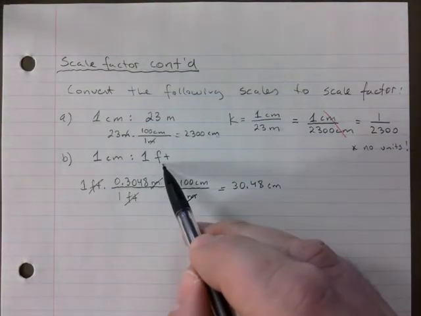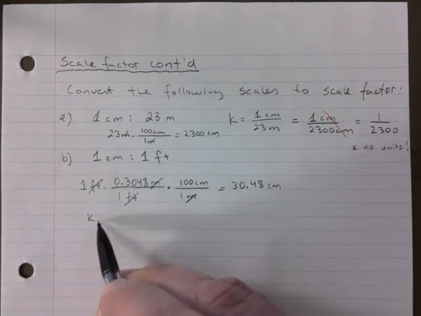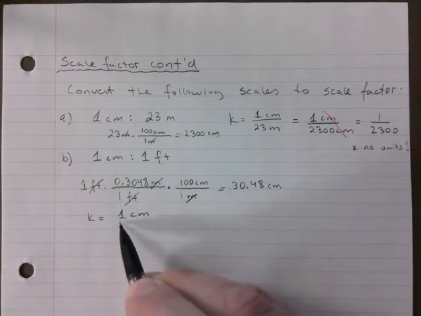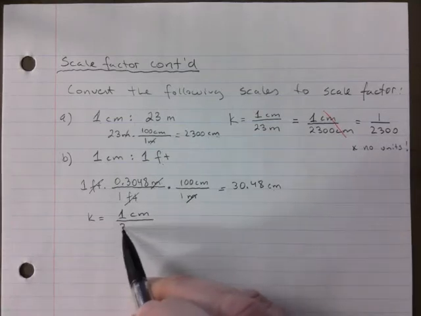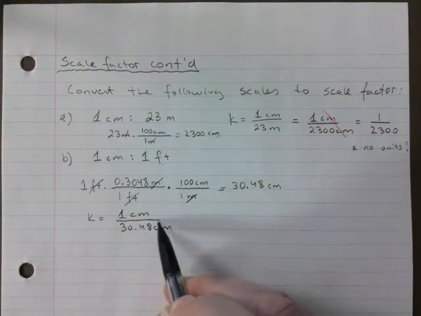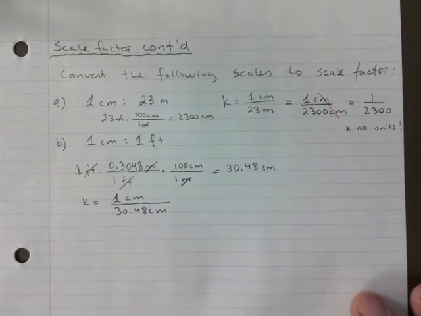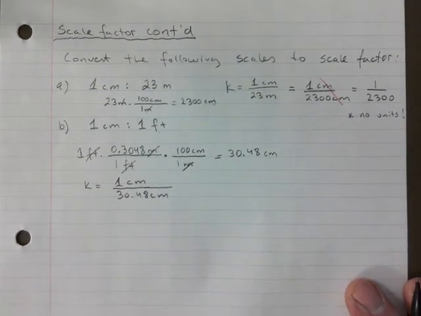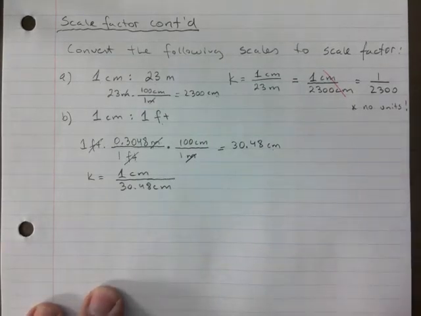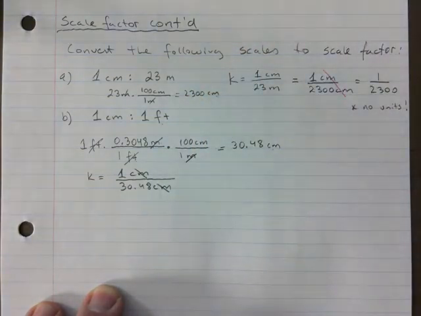I've converted the foot to centimeters because I know that when I'm coming up with my scale factor, I'm going to have that. Does that make sense? It's too quiet. I'm not sure if you're convinced. But anyways, you have to believe me, right? You don't have a choice. Centimeters, centimeters, gone.